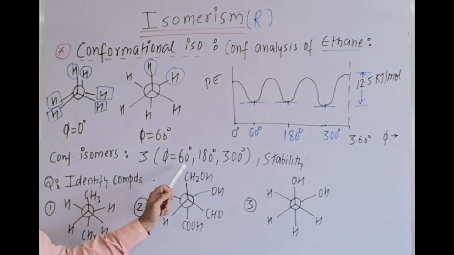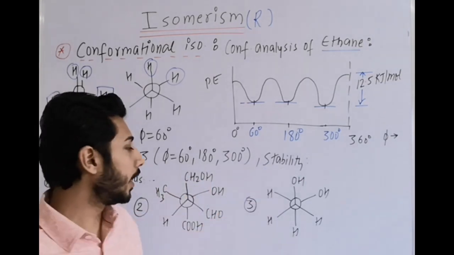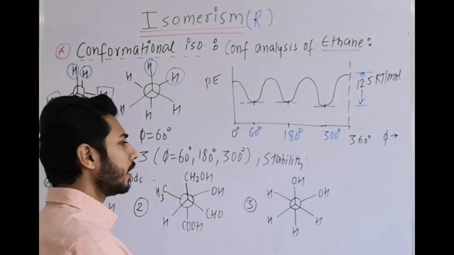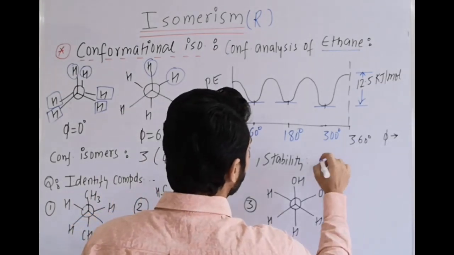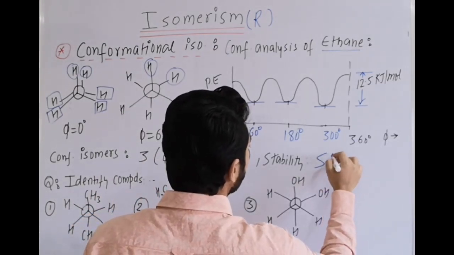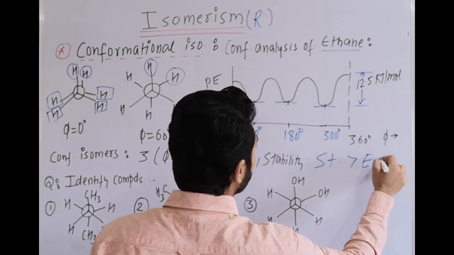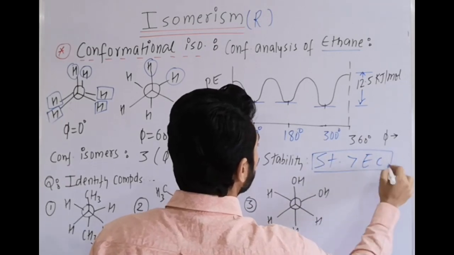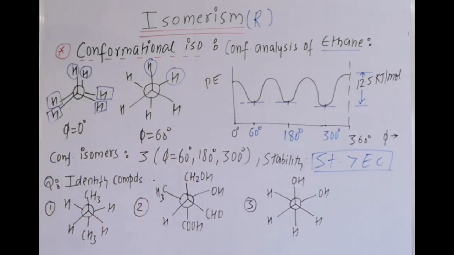That are 3: at 60 degree, at 180 degree and 300 degree. Then stability, here there are only two forms. Staggered form is more stable than eclipsed form. You can draw for more also, but in NCERT it is given for 2 carbons, so I am not going beyond that. Otherwise you can try for butane as well.